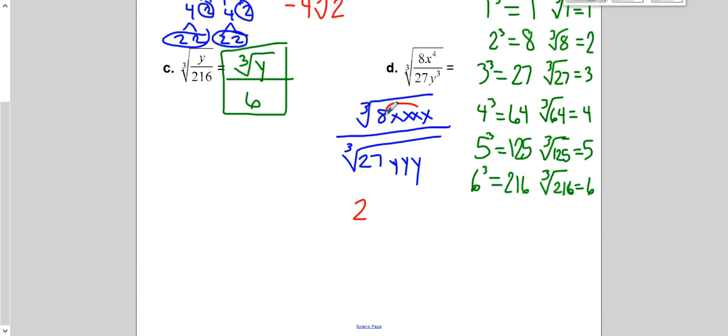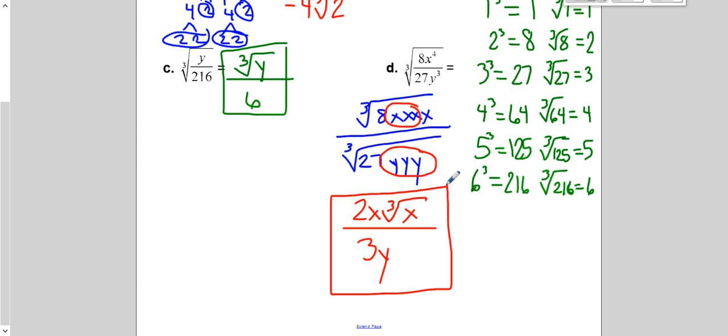Cube root of x times x times x times x, we get 1x on the outside, 1 left on the inside, so that's 2x cube root of x. And our denominator, what's the cube root of 27? 3. And we have 3y, so that pops out. No radical left in the denominator. There we go. We just simplified 4 cube root problems.